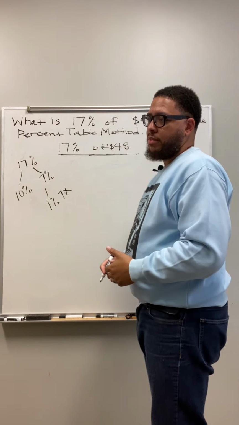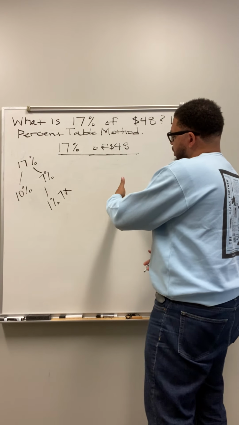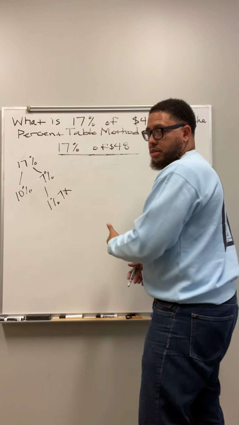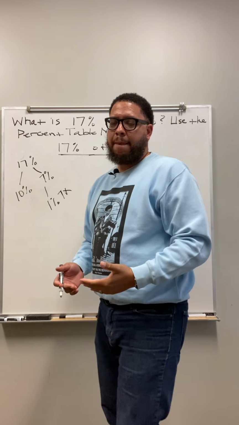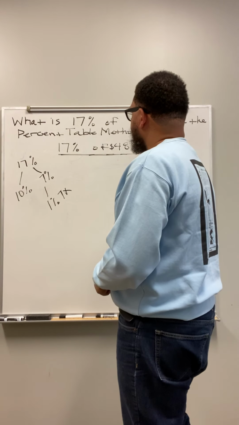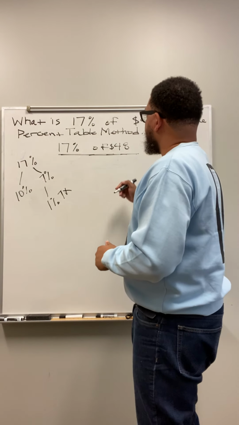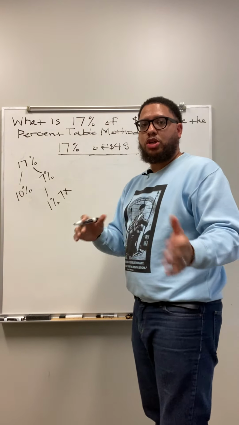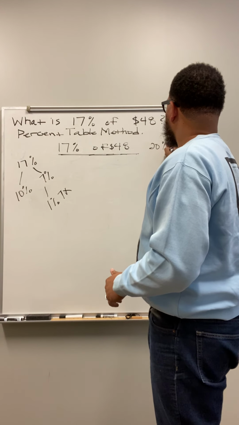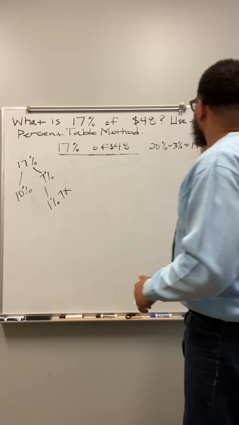That's 10%. And if you want to find 1% of any number, you locate the decimal point and move it two spaces to the left. And we can work with that. But before I go on, I could also come at it another way. I know that 17% is close to 20%. So 20% minus 3% will give me 17%.